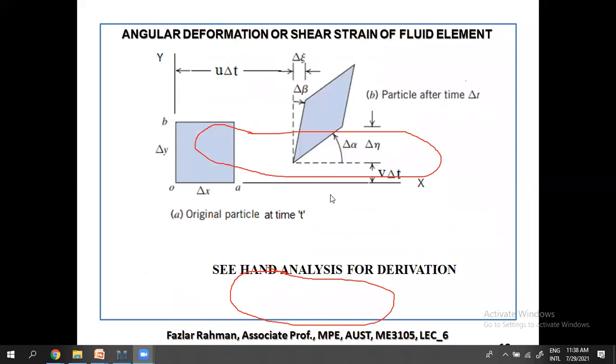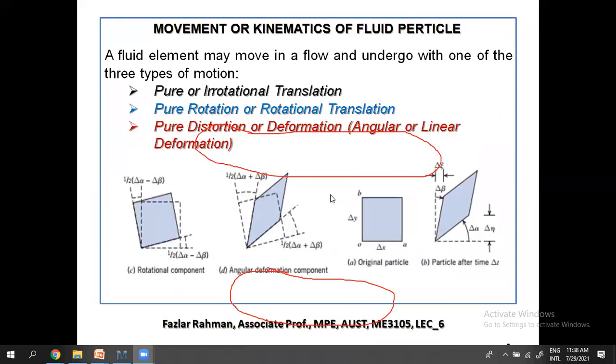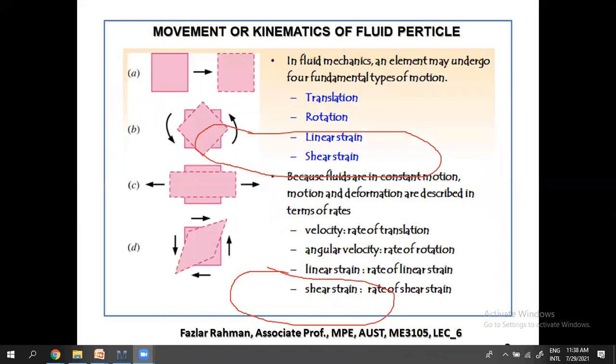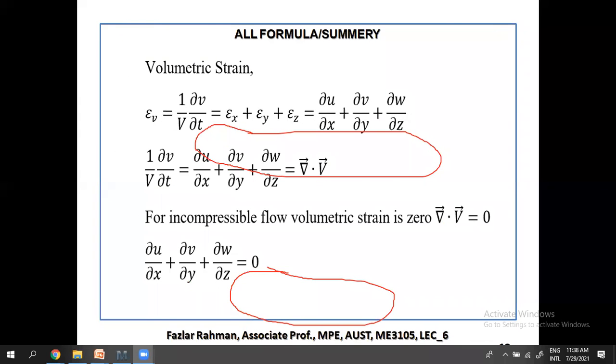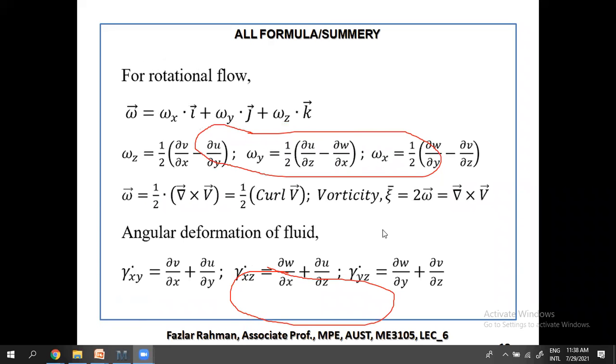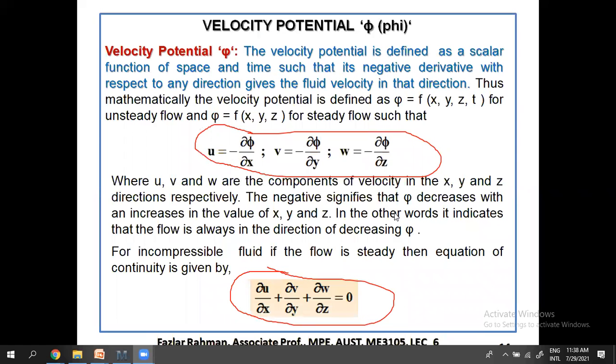But in the previous lecture, we derived the continuity equation, right? For incompressible flow, the continuity equation becomes like this one. If the flow is incompressible, then del rho by del t equal to 0, and you have this one then. So for incompressible and steady flow, we know this is the continuity equation.